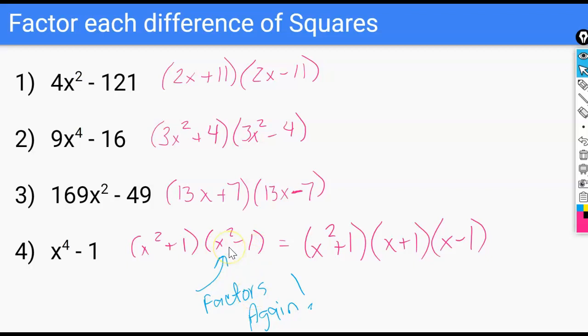That means it can still factor again. Now, x squared plus 1 cannot. We said it doesn't work if it's plus perfect squares, but if it's minus perfect squares, it can. So I kept x squared plus 1 the same, but then I needed to take the square roots of these and make one a plus and one a minus. So to completely factor this one, I had to keep going until I factored it all the way.